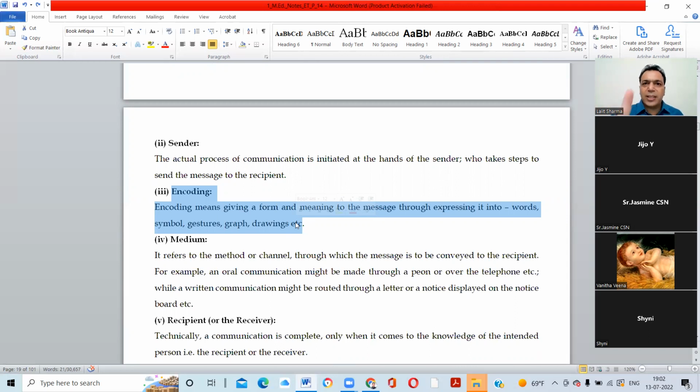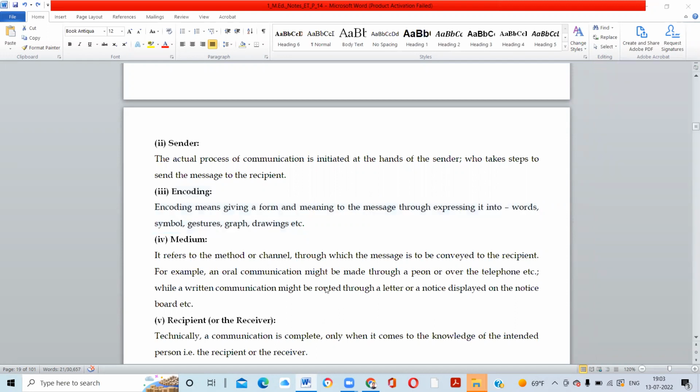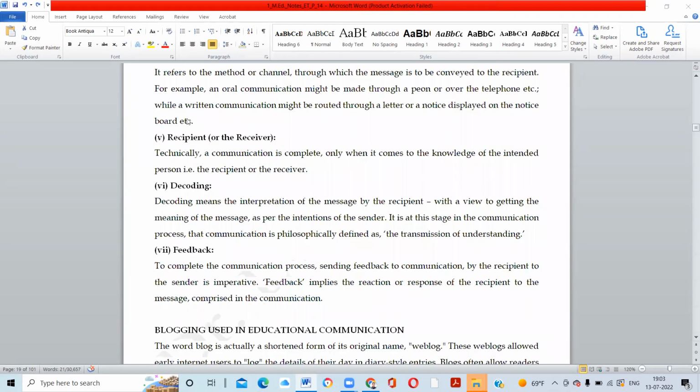So when these messages go to the receiver, automatically there is some software in the computer that converts the machine level language to English and it comes on the screen, so that the other user can understand easily in the form of English, because the machine knows only the 0 and 1 language. So there is a software that converts machine level language to computer language and computer level language to machine level language, right guys? So that's why you have to talk about encoding.